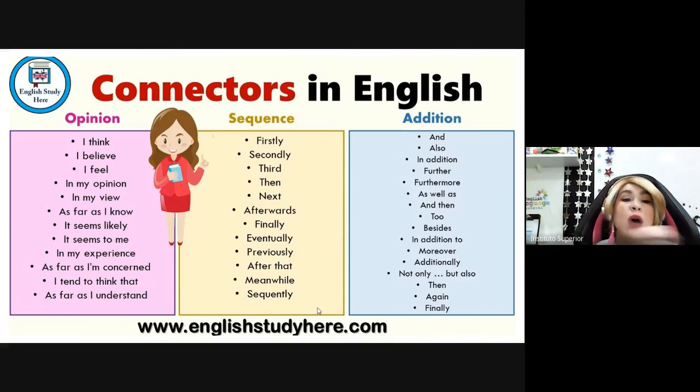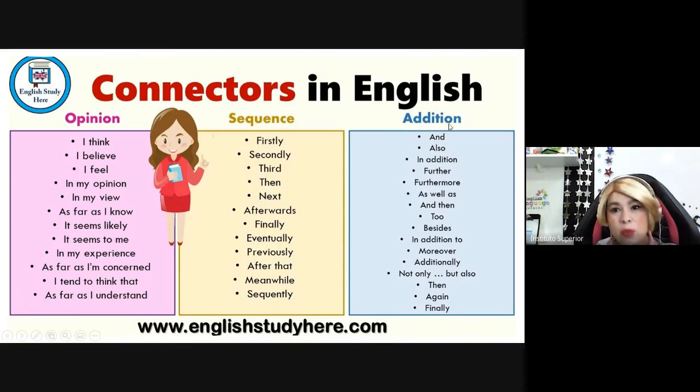If you need to add something, instead of using, for example, and, you can say also, in addition, further, furthermore, as well as, besides, in addition to, moreover, additionally, not only but also, again, and finally.